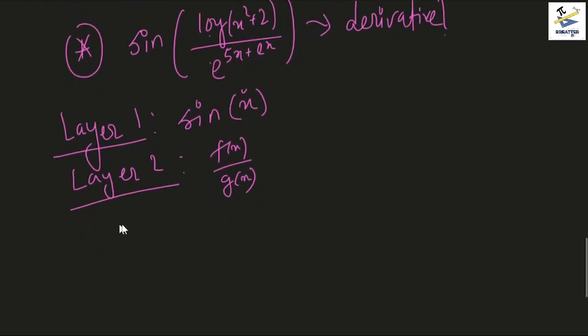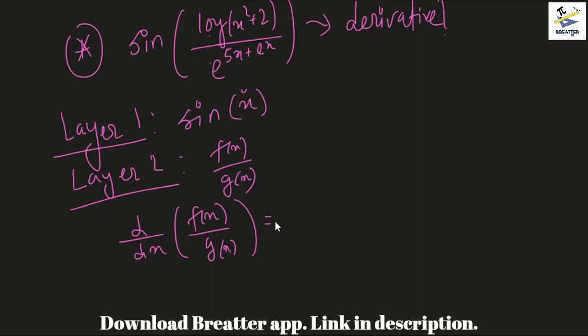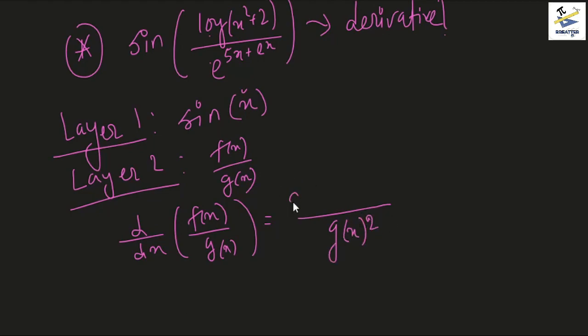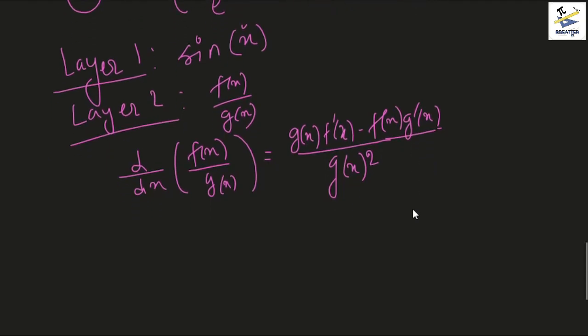I'll just write it down here, that d dx of f(x) by g(x) can be evaluated as the quotient rule, with f(x) into g prime x, right?